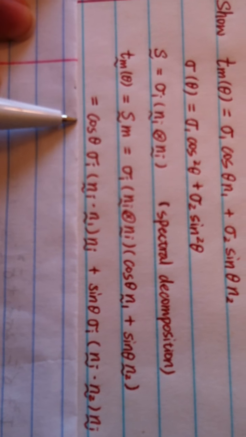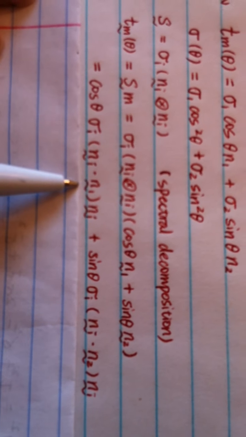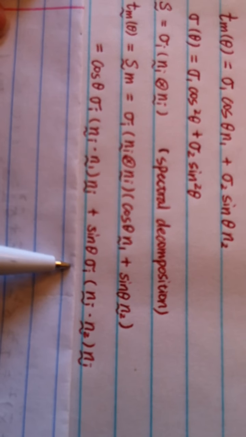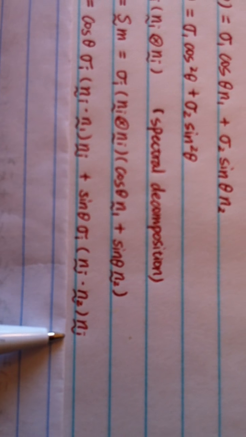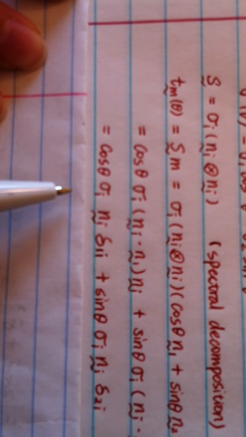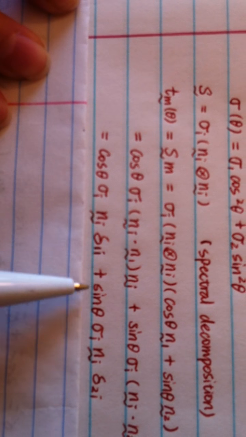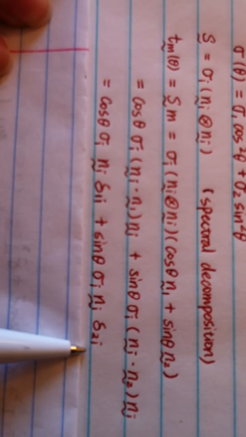Then we have cosine theta sigma i ni dotted with n1 times ni plus sine theta sigma i ni dotted with n2 multiplied by ni. And that gives us cosine theta sigma i delta 1i ni plus sine theta sigma i delta 2i ni.